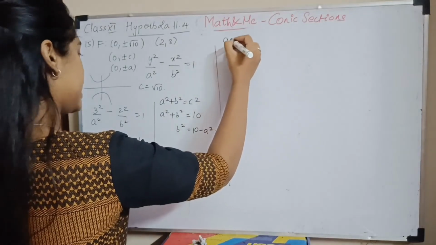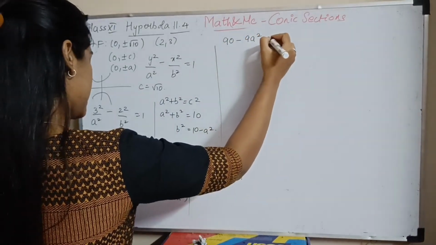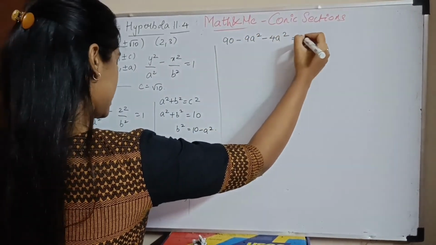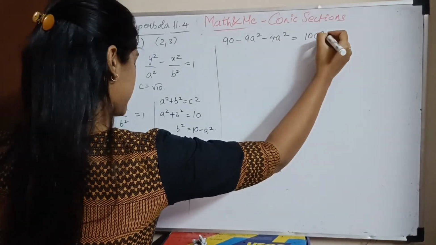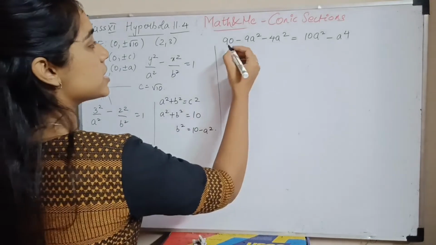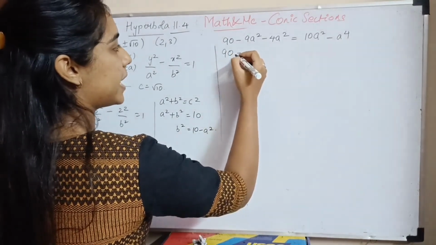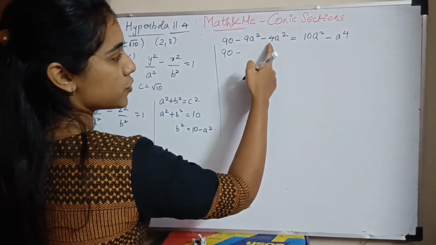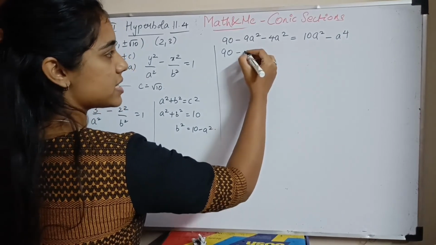I have 90 − 9a² − 4a² = 10a² − a⁴. So 90, minus 9 minus 4 is minus 13.